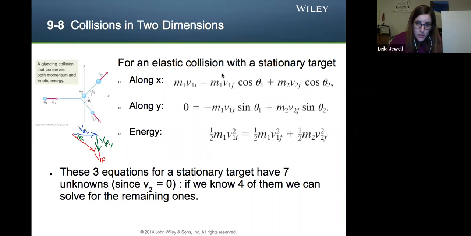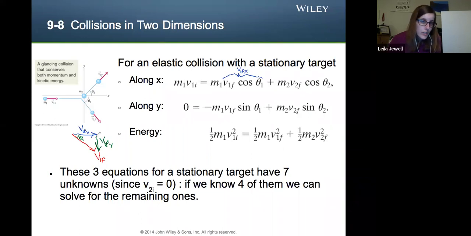So all of that is the v1fx. And similarly for 2, it would be v2f cosine of theta. So it's still taking the cosine to get the x component of it.